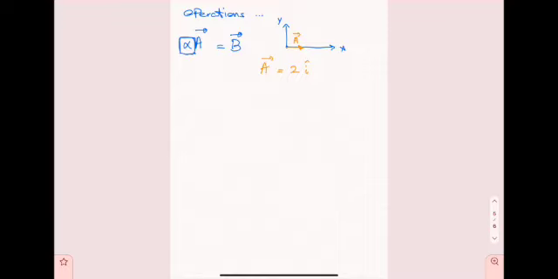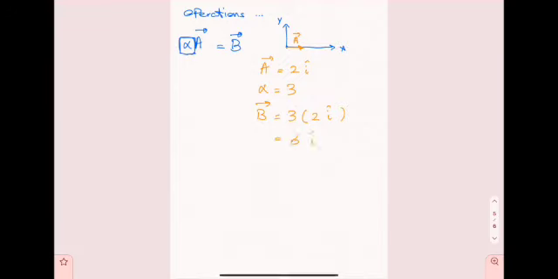And now we have alpha. What is alpha? It's a scalar, so let's say it is 3. Now what is B in this case? You might wonder. Okay, we said B is alpha times A, so it is 3 times our A, which is 2 i hat. And what do we get? It is 6 i hat.